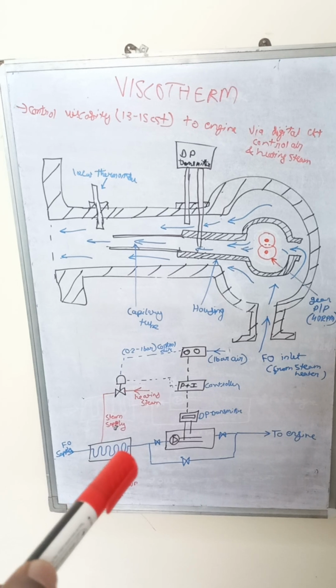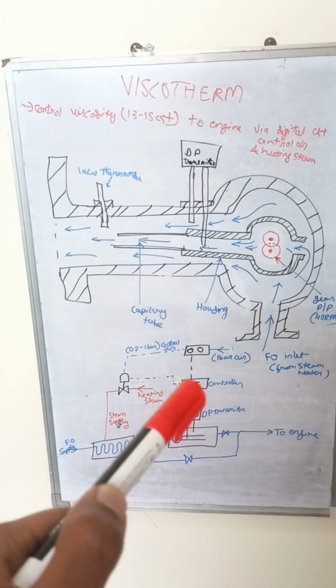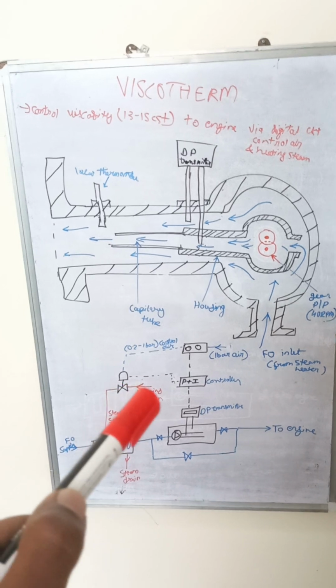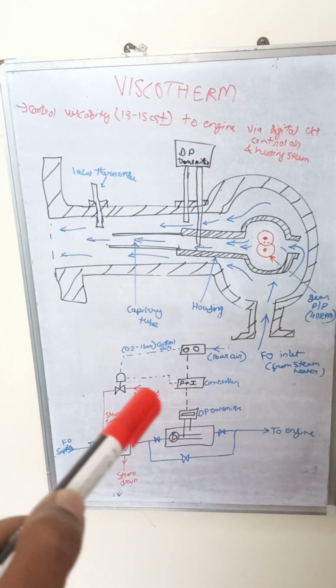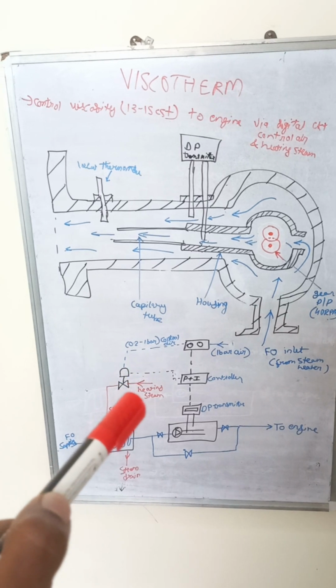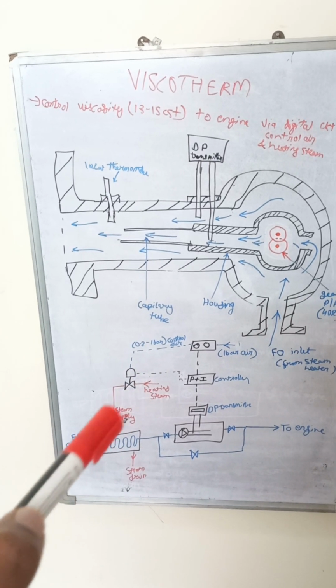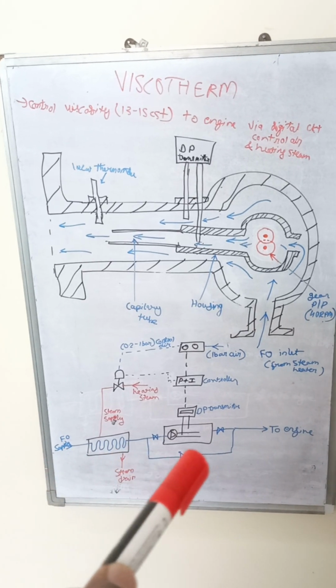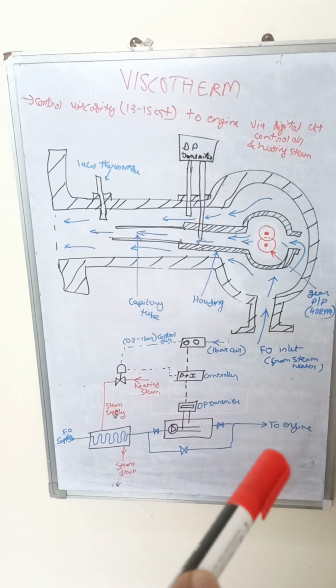Once the temperature reaches the required value set in the PI controller, the feedback loop is also present. This feedback loop will activate a stop and will maintain the air control circuit at that determined condition, which will lead to delivery of fuel at the required centistokes, that is 13 to 15.